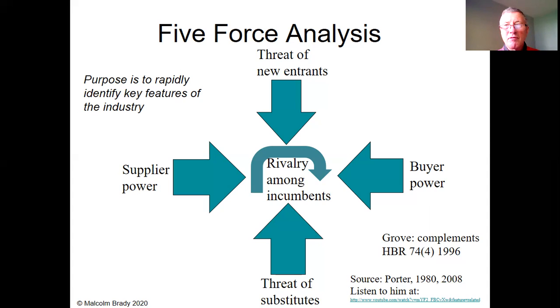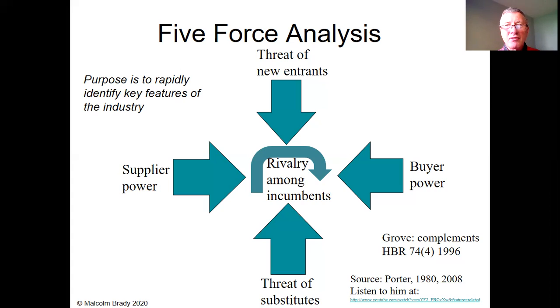Similarly, if the industry produces a very differentiated product, that tends to increase its power over the buyers, because the buyers wanted a particular differentiated product, and therefore they will have to pay more for it, and it shifts power towards the incumbent firms.